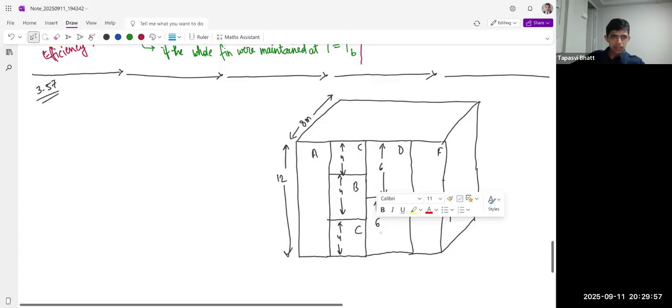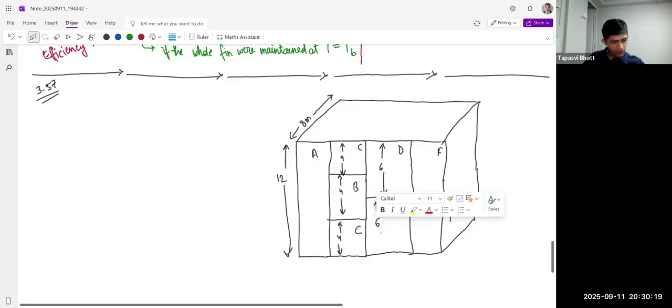This is 6. This is not a very difficult problem, actually a very easy problem. So I'm just going to solve it in crux, and then we'll move on to the next problem.